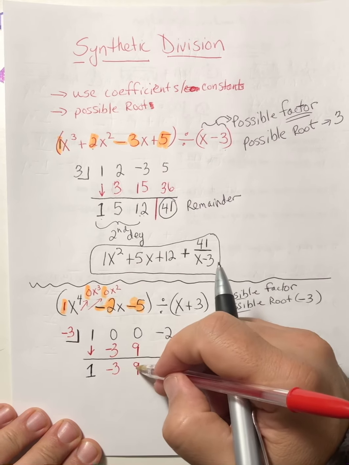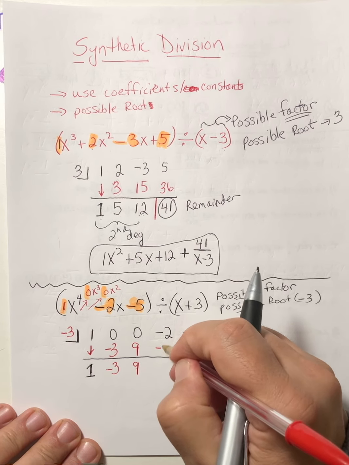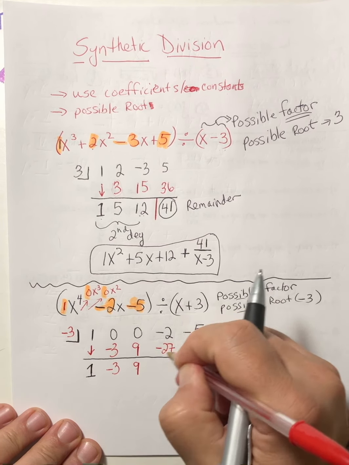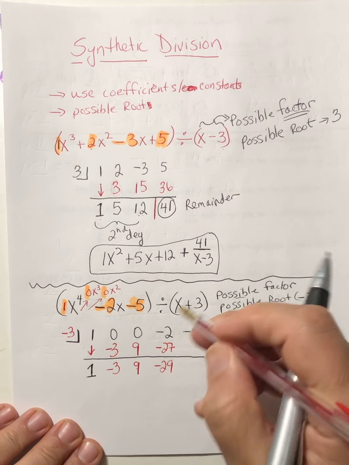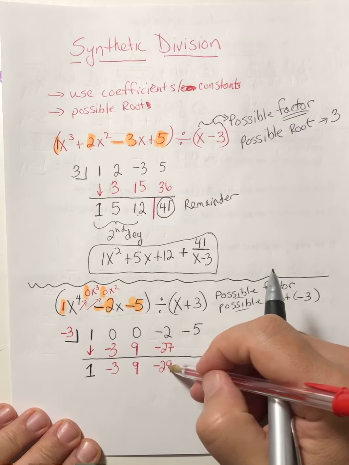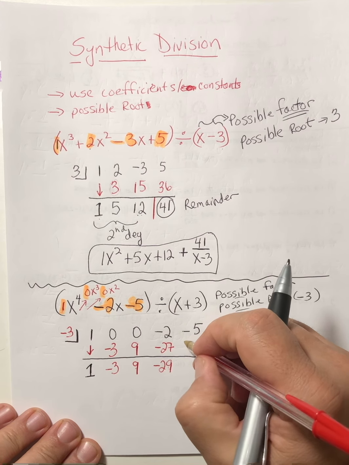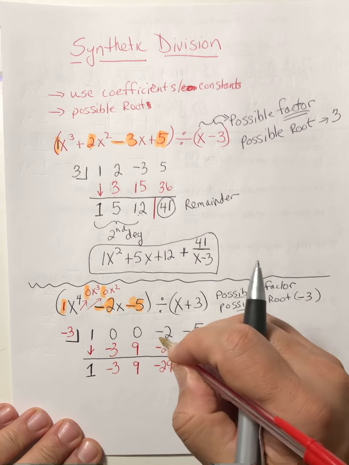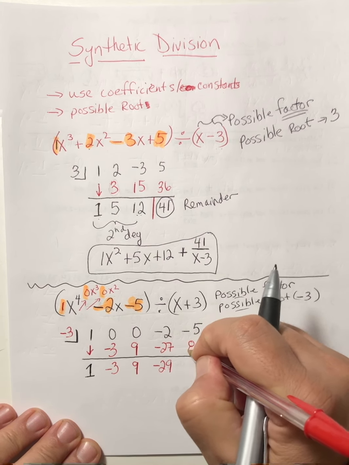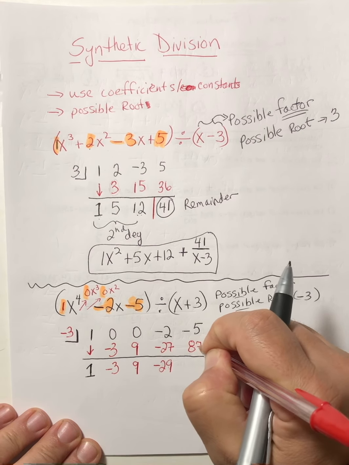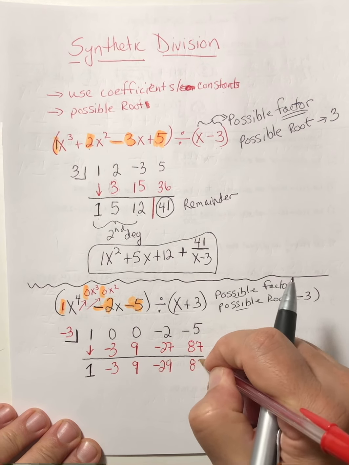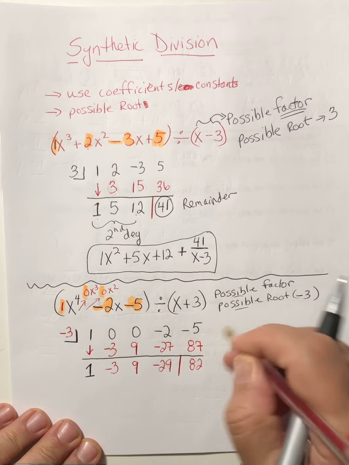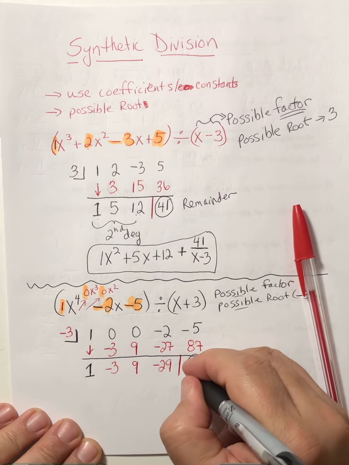Negative 3 times positive 9, negative 27, and we add. Then negative 3 times negative 29 was positive 87, and then we add. And that gives us 82. This last spot, that's right, that's the remainder.